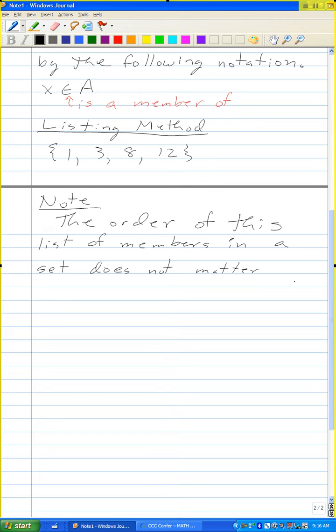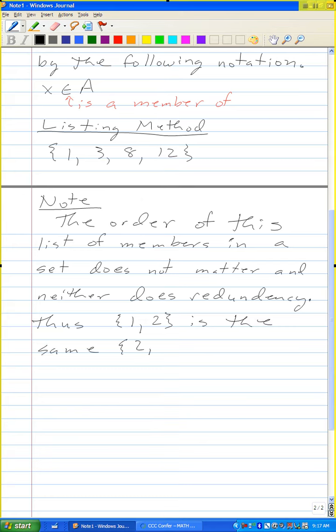And the fact that they are listed more than once, neither does redundancy. Thus {1, 2} is the same as {2, 1}.